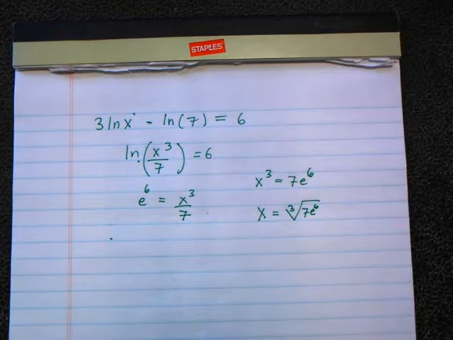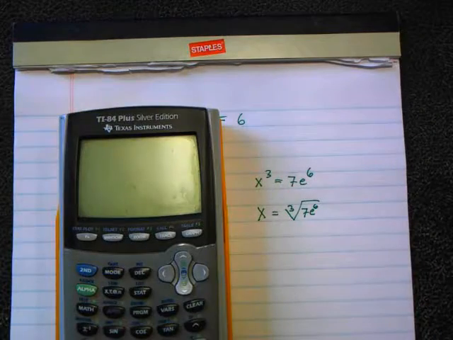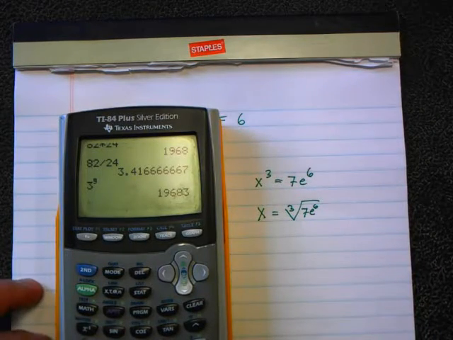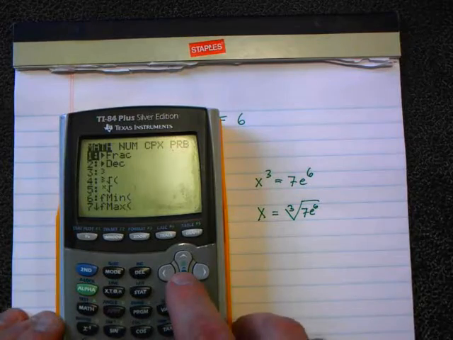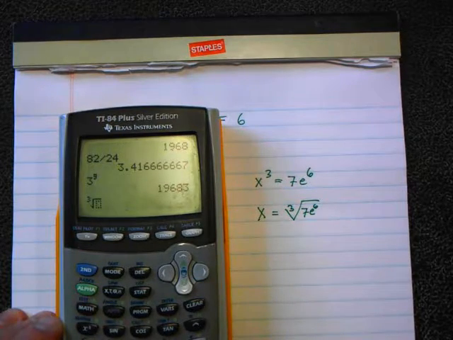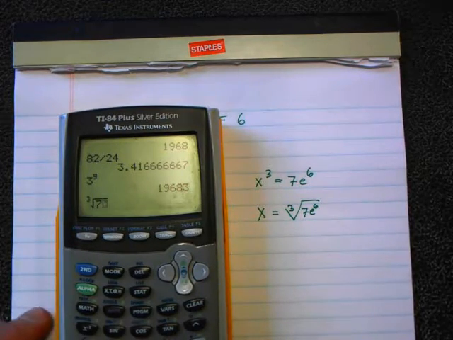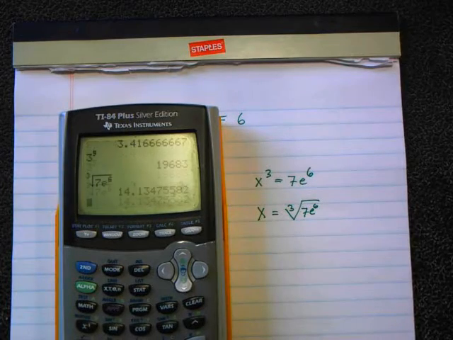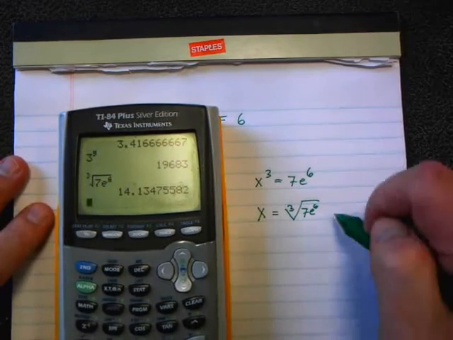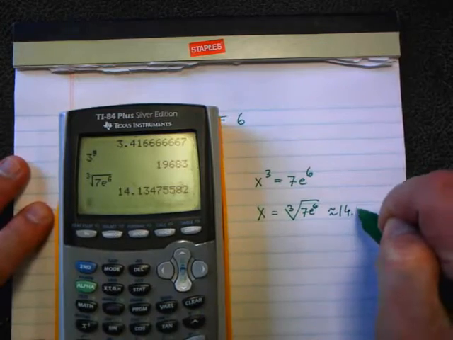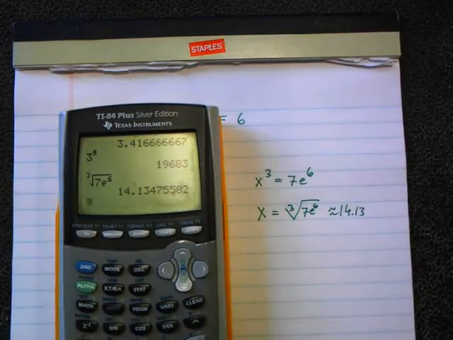You come out with a nice number? Yeah. That I highly doubt. Cube root of 7e to the 6th. It's about 14.13. Yes. All right.